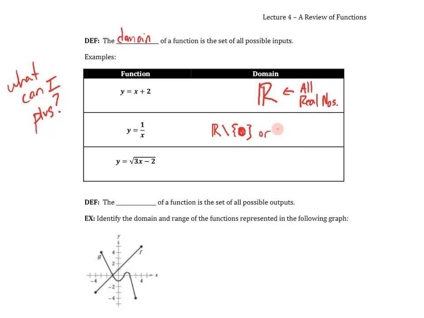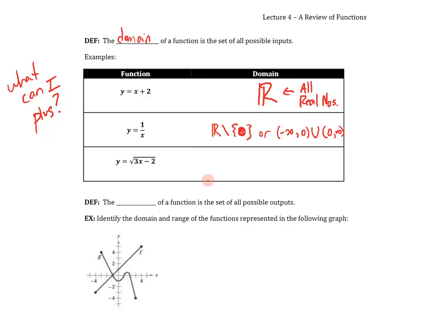Or I could write it in interval notation, saying it goes from negative infinity all the way up to 0, but not including it, and from 0 up to positive infinity, but not including 0. That's our interval notation.